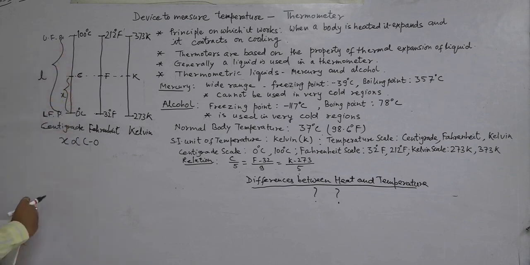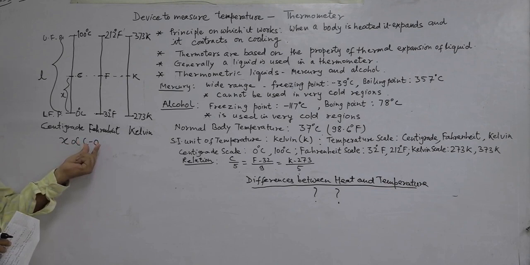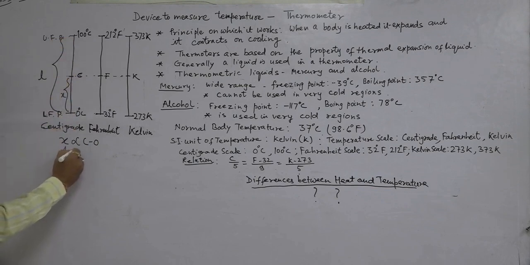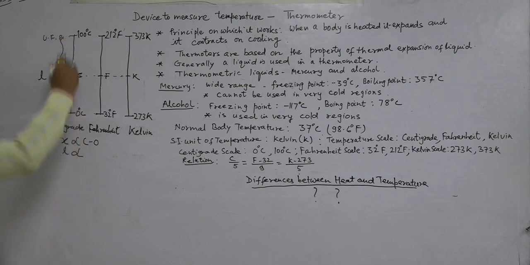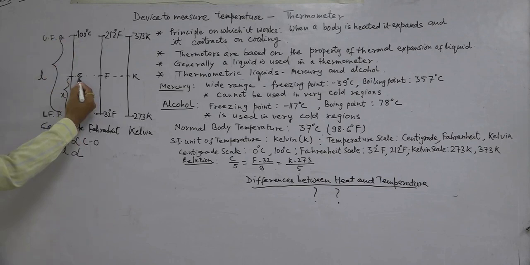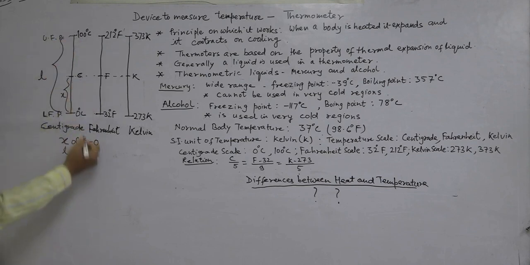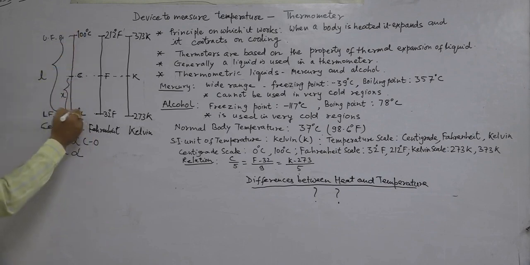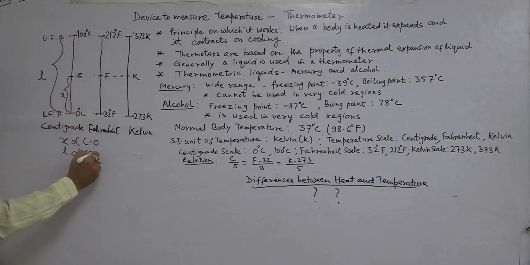Similarly, you have got it for the centigrade scale: X is proportional to C minus 0. Similarly, L will be proportional to 100 minus 0.